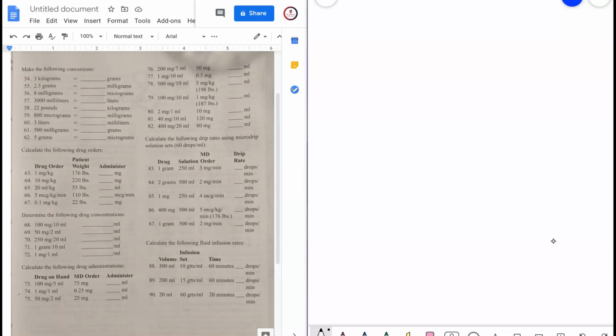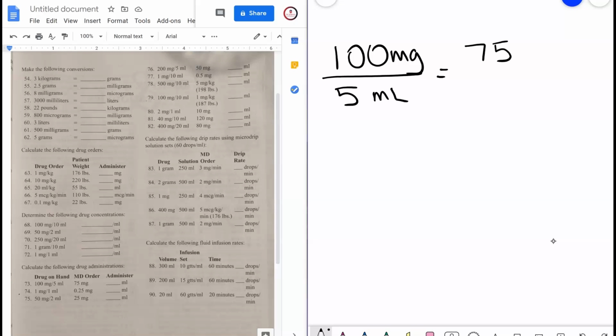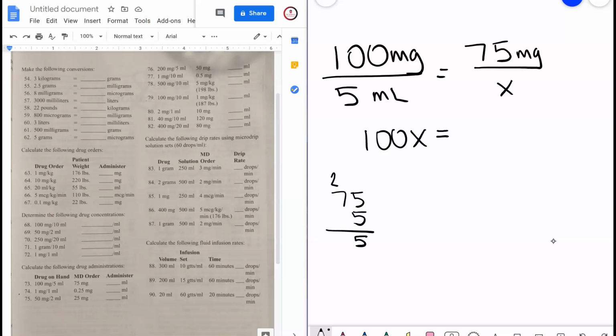Okay, so how many milliliters are you going to be administering? If you have a 100 milligram vial, 5 mLs, and you are requested to give 75 milligrams, how many mLs? So 100x equals, let's do some math here on the side, 75 times 5. 5 times 7 is 35, plus 2 is 37.